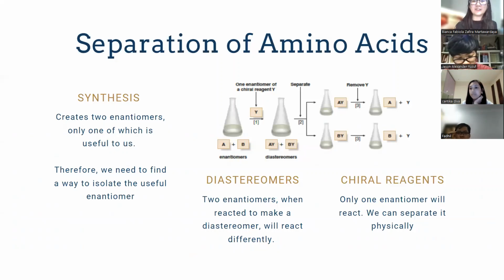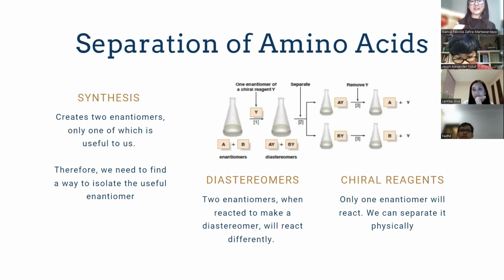Okay, now to get the final version of the amino acid that we need: as we have heard before, the synthesis of amino acids will create either L or D amino acid, in which only the L amino acid is actually useful for us. So the synthesis is also followed by a separation method, in which there are two. One is through the diastereomer method, and the second is through using a chiral reagent.